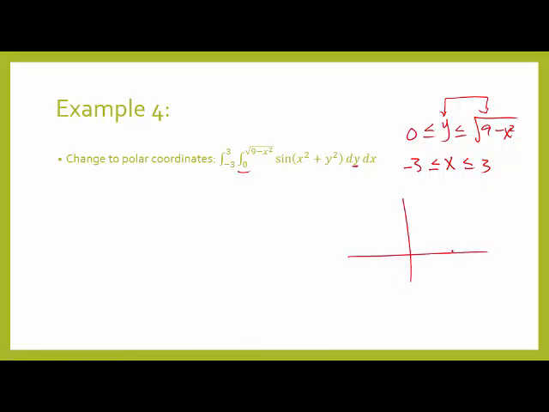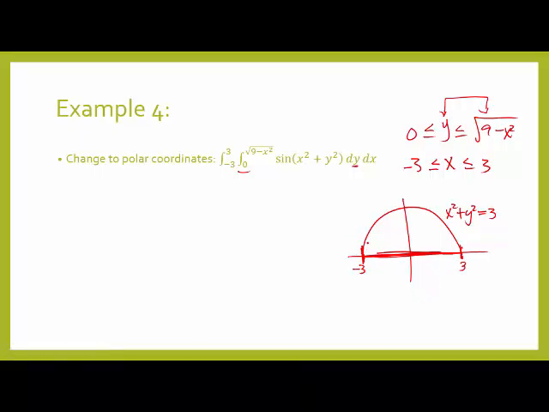And then when you convince yourself of that, your y goes from 0 to the top half of the semicircle of radius 3. And then your x goes from -3 to +3.